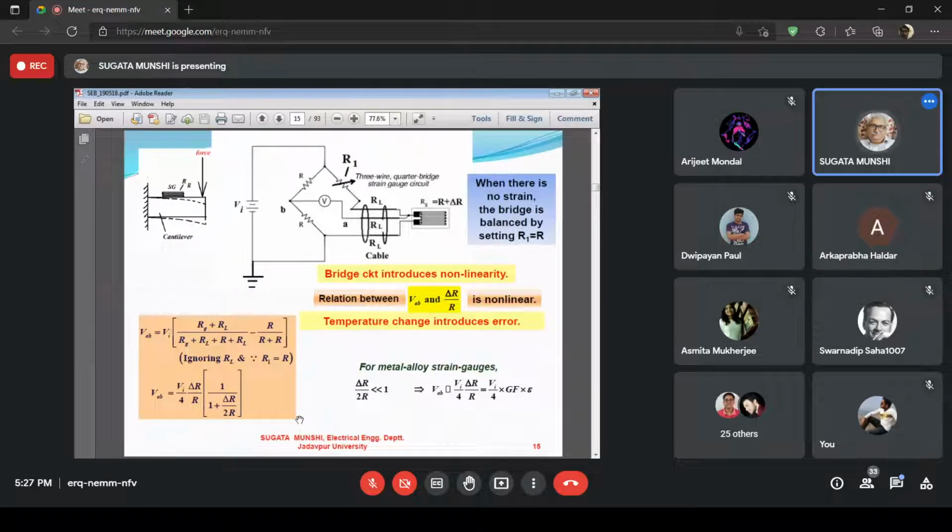But you know that if the temperature changes, the resistance of the sensor will also change. So that is an additional source of error. And often what is not understood is that for strain gauges, this effect of temperature change on the resistance value is extremely important. Why?